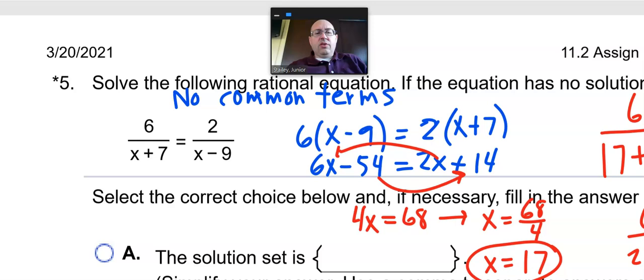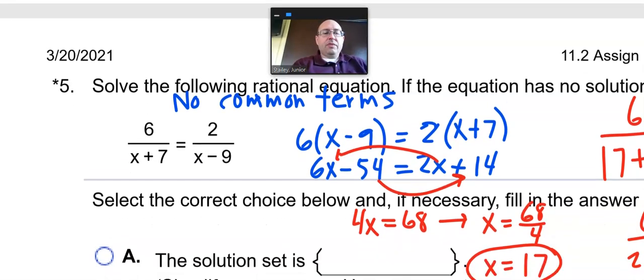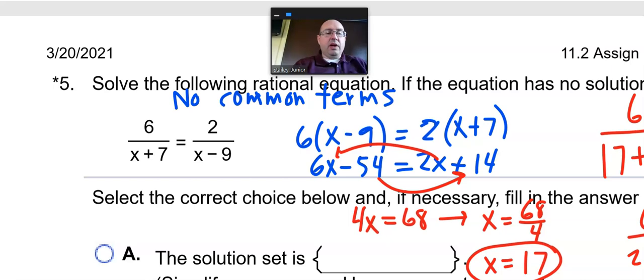Notice that this is similar to question number 1 here, except for a major difference. You have these two equal fractions, and that's the only similar thing. The denominators are not the same. So you can think about it as cross multiplication, or you can say to yourself, a lot of times when we get common denominators, we look for what this denominator is missing that the other one has.